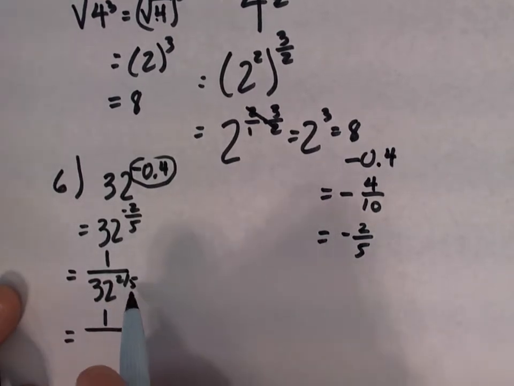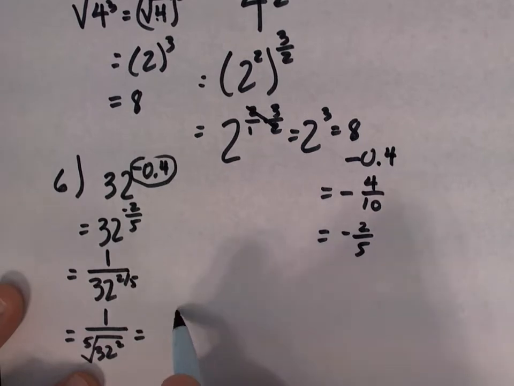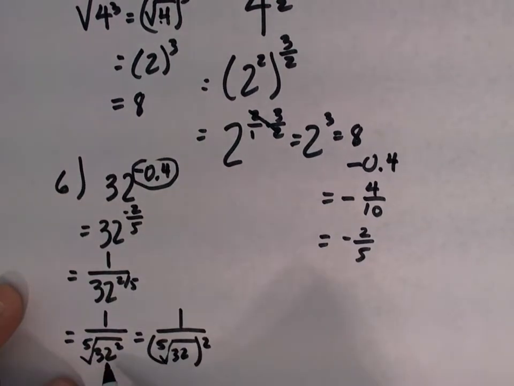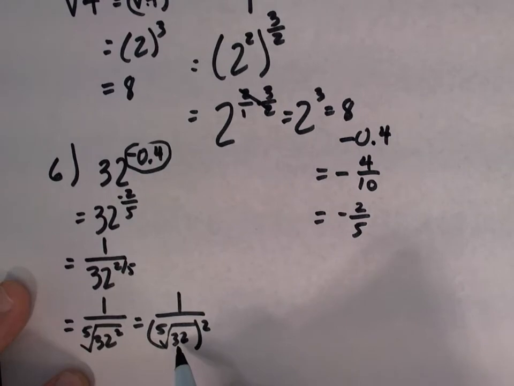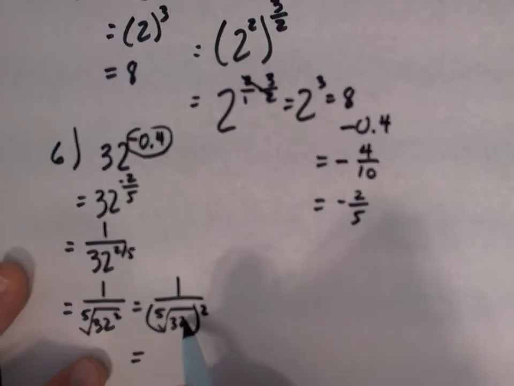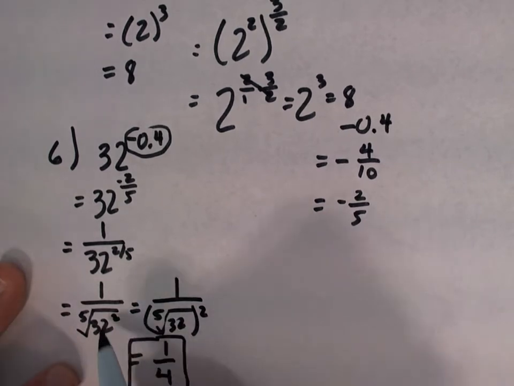So 1 over, that's the type of root, the fifth root of 32 squared. Or I could write 1 over the fifth root of 32, in parentheses, the whole thing squared. And I think you can see that this is way more annoying. I don't want to square 32 and then take the fifth root of that. This way is much easier. The fifth root of 32, that's just 2. And 2 squared is just 4. Much easier than calculating that.